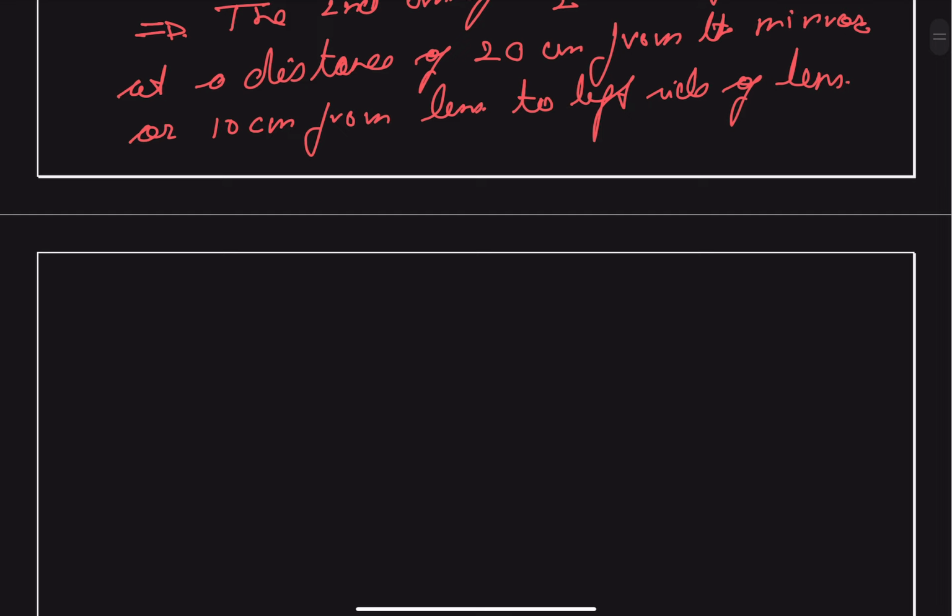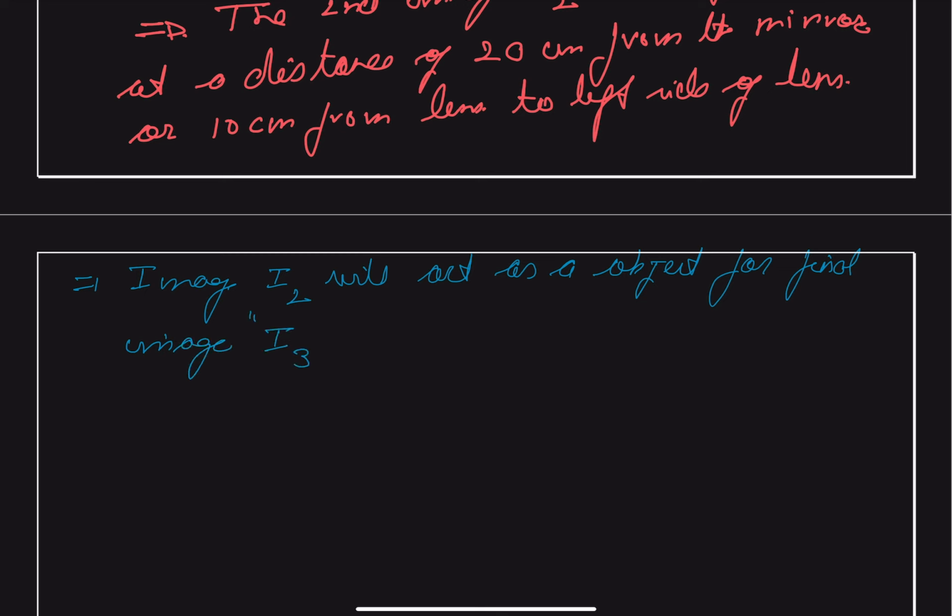So now we can use the formula to find out the final image, and this I2 will act as an object for the final image. Let us call that final image I3.